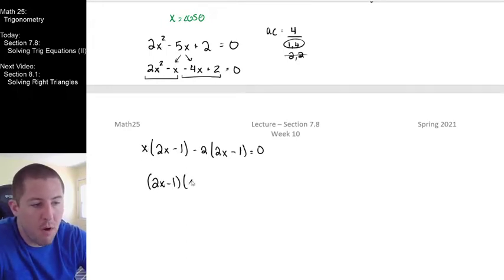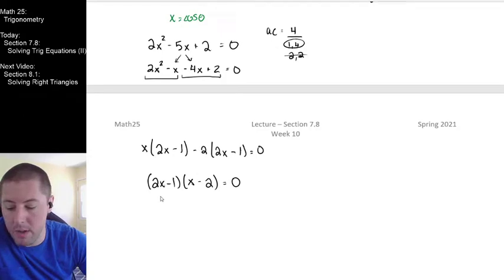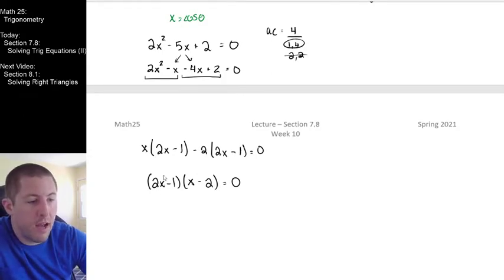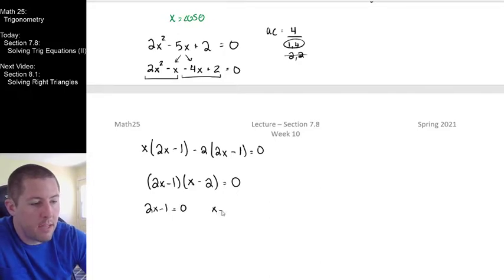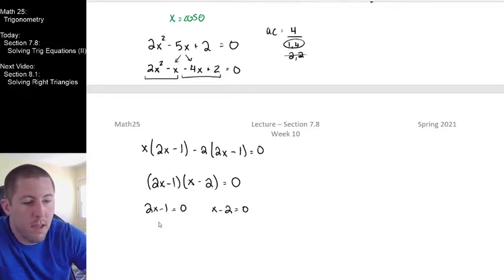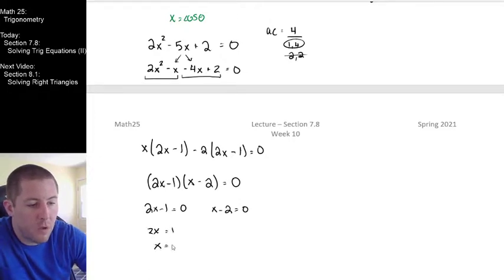The x is left over from the first group, and the minus 2 is what's left over from the second group. So we arrive at 2x minus 1 equals 0, and x minus 2 equals 0. This leads me to the x solutions of x equals 1/2 and x equals 2. So I've got my two x solutions.